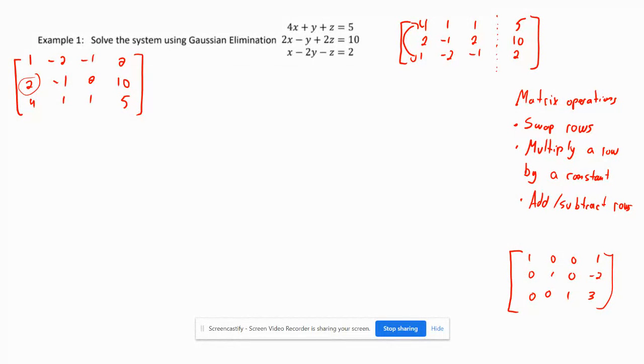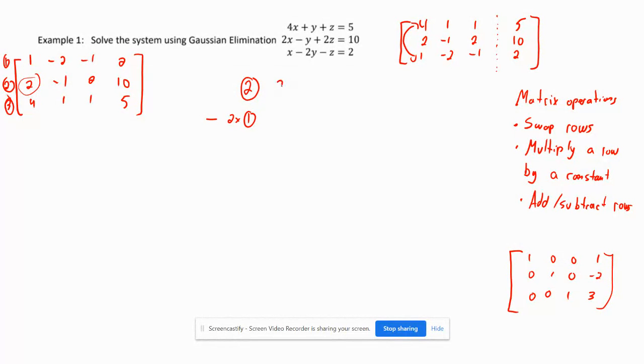Here's how I'm going to do that. I'm going to go equation 2, so this is equation 1, equation 2, equation 3 now, minus 2 times equation 1. So if I multiply equation 1 times 2, this becomes a 2, and if I go this minus this, it's going to give me a 0.